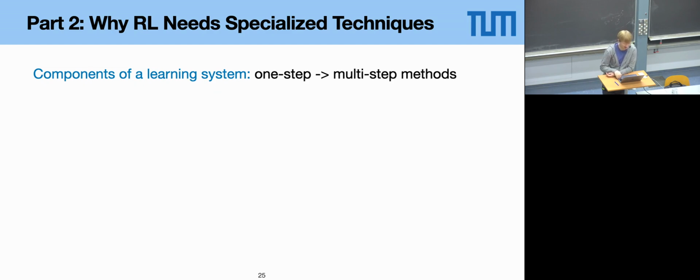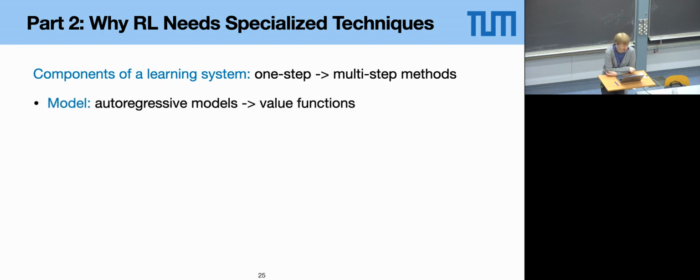And so what are the components? We have a model, where you have the choice between autoregressive models or value functions. For the loss, we have supervised methods like Monte Carlo learning or residual-based methods like temporal difference learning.